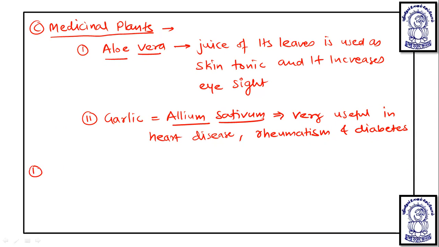Whereas if you talk about other uses, then we come to note down one of the important examples, that is Colchicum autumnale.